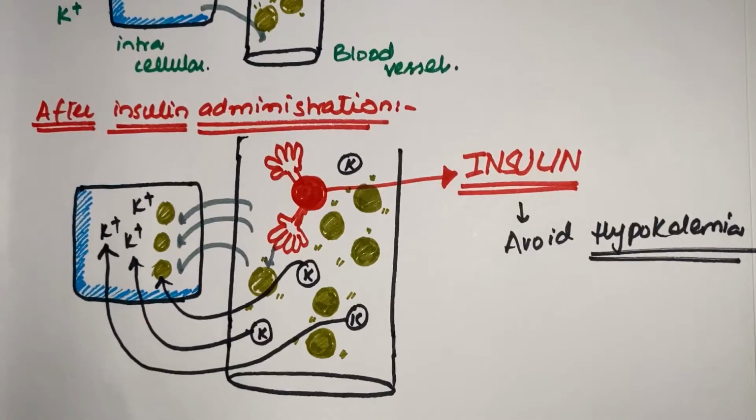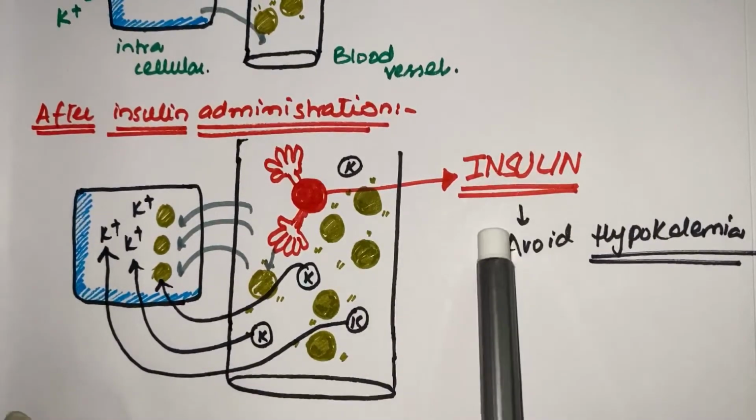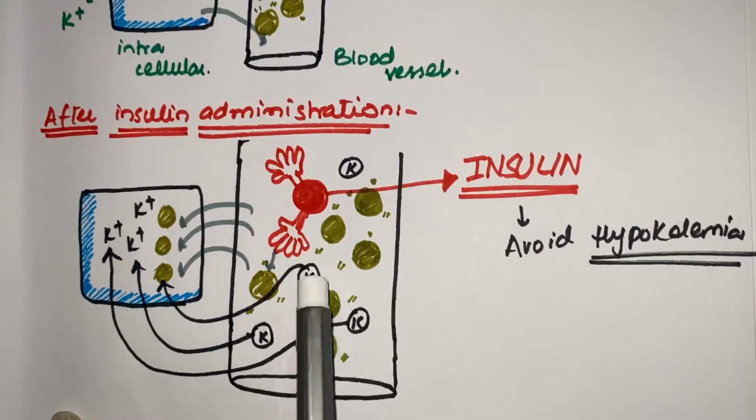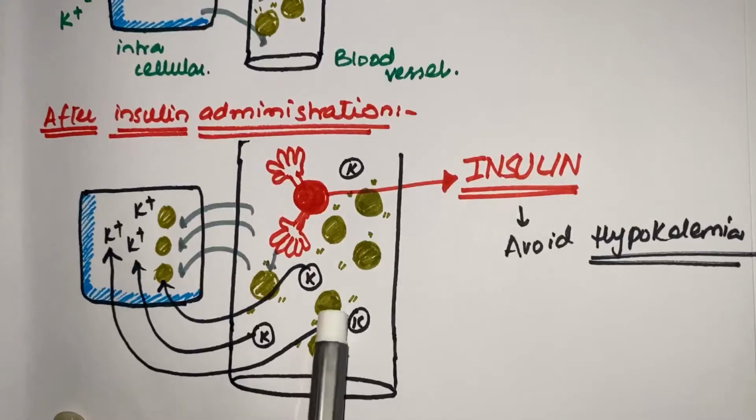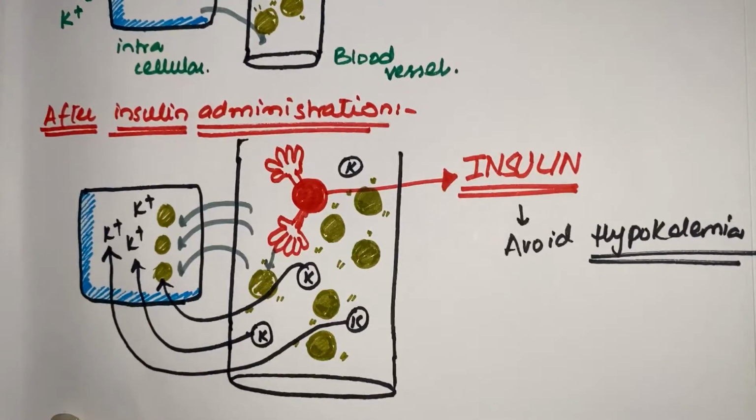Now I think it's clear what insulin does. Insulin puts this potassium along with the glucose back into the cells. So it basically brings the potassium and the glucose levels back to normal.